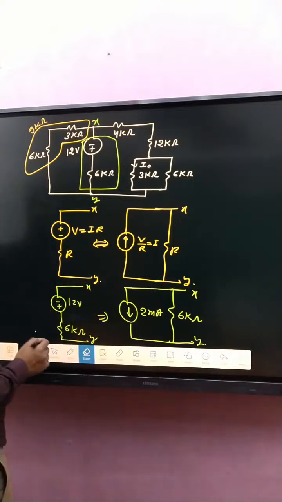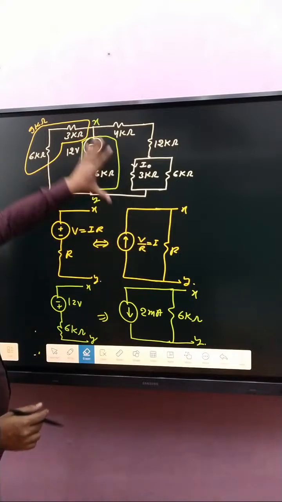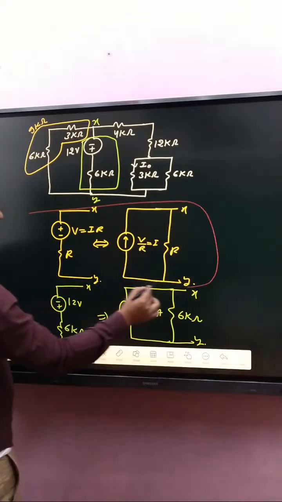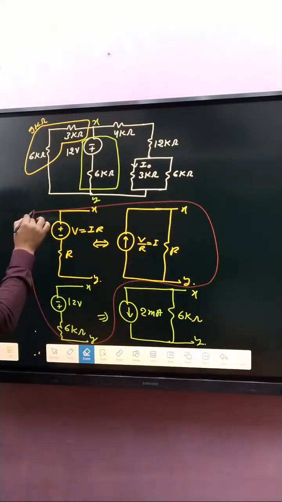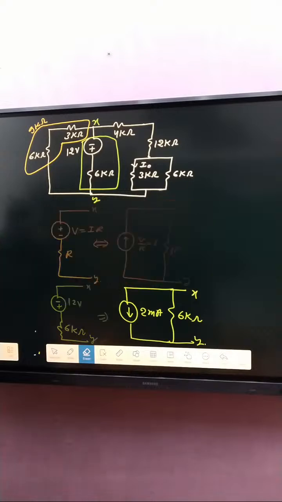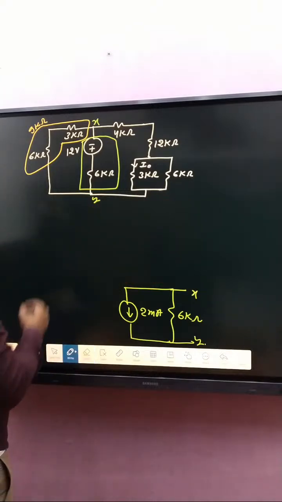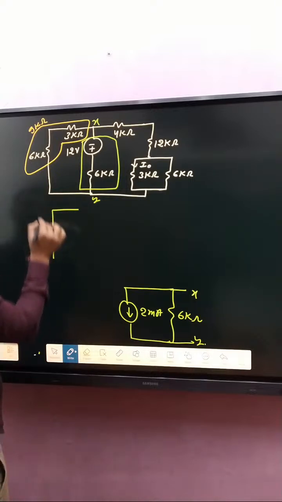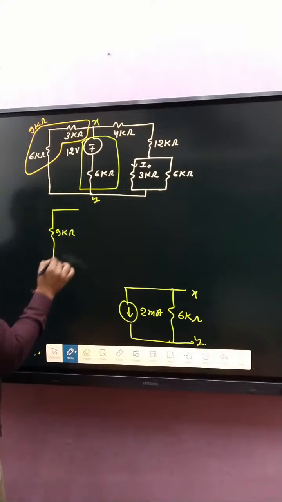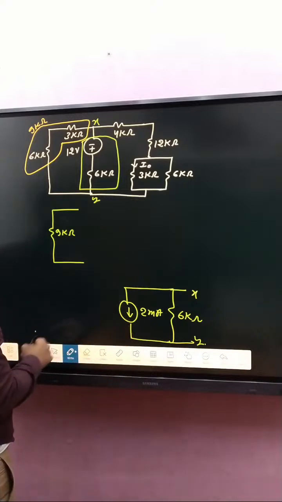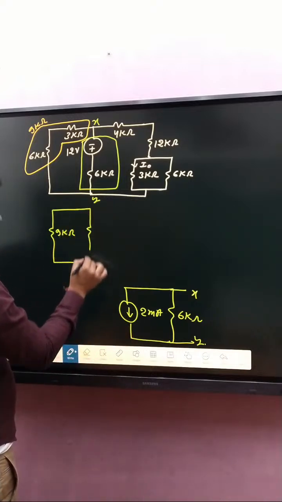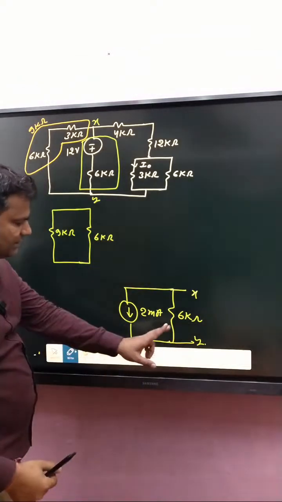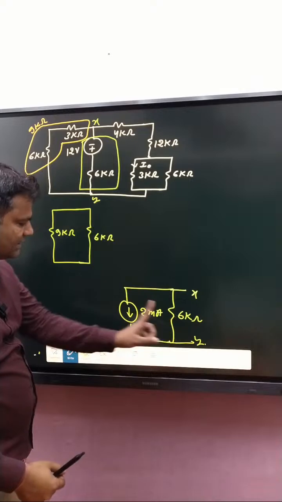So remove this from that circuit. That one remove, that one remove, that one remove. Now that is 9 kilo ohm. If you redraw the circuit, that is 9 kilo ohm. After that, here that is 6 kilo ohm. You can exchange, both are parallel.